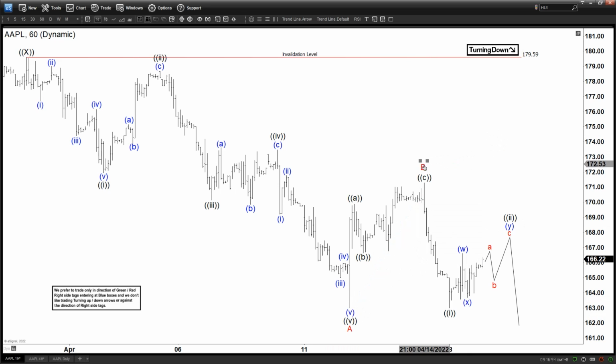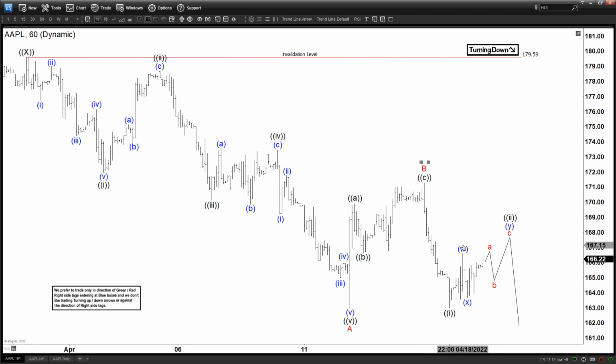But the thing is, this decline at the moment does look impulsive, right? So that's why I think the idea that this is ending the B is being favored at this point, because this decline looks impulsive, even though the full confirmation is when we break below 163 to the downside.